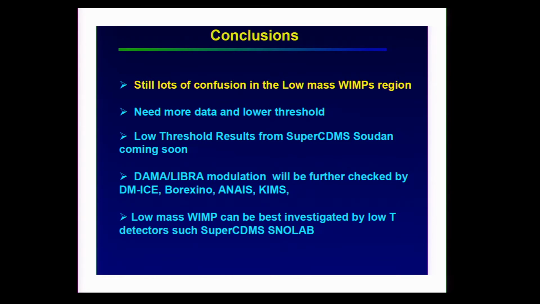Also, there's going to be an experiment that will directly check the gamma modulation using exactly the same crystal in the South Pole, for example. And SuperCDMS SNOLAB is well suited to investigate this low mass WIMP region with the TES sensor, which can have a really good phonon threshold.